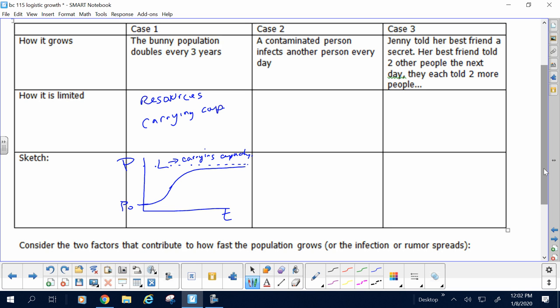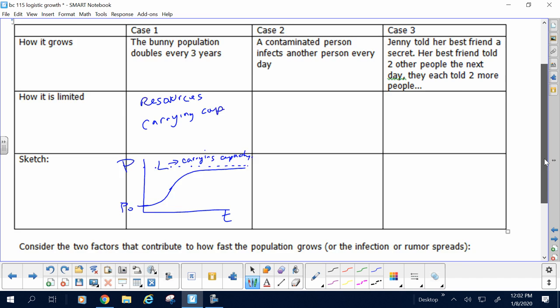As t approaches infinity, dP/dt approaches 0. Okay. Derivative? Always positive. Second derivative? There's an inflection point there. Okay. So all these things we'll talk about in a second.